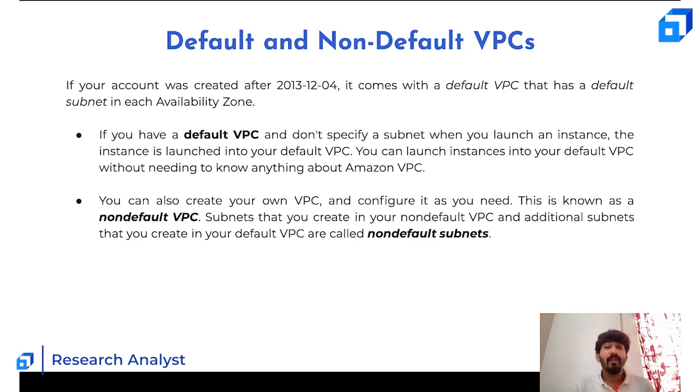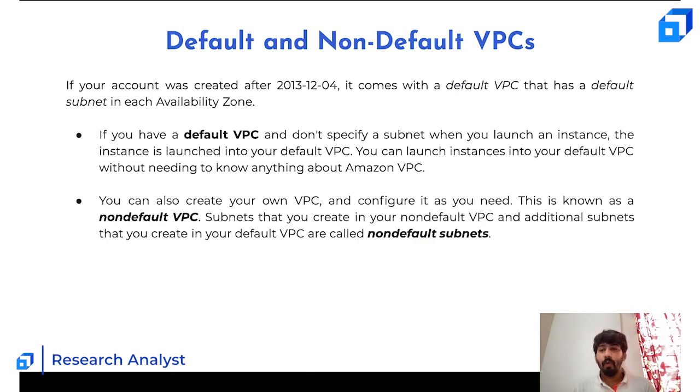So you can get started with EC2, Elastic Compute Cloud, without even understanding what VPC is or what default VPC is. Later you can get a better understanding of what VPC is, so that's what we are doing right now. Again, if you've not watched the EC2 tutorial, please go watch it, do the demos over there, and then come over to this tutorial.